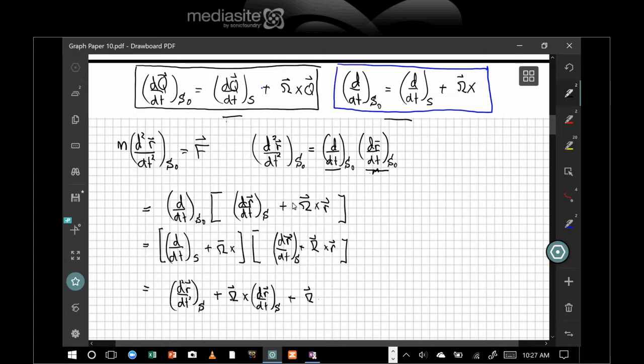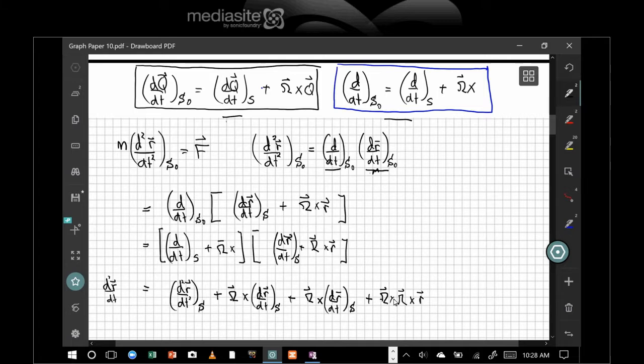And then what I'm going to do is I'm going to operate this. I did this on that. And I'm going to take this on that. Okay. So then that's going to give me omega cross this. Okay, so now I'm going to operate this onto this.